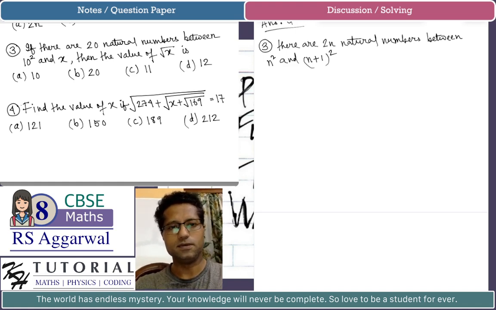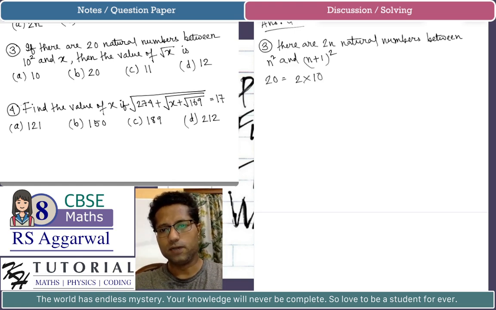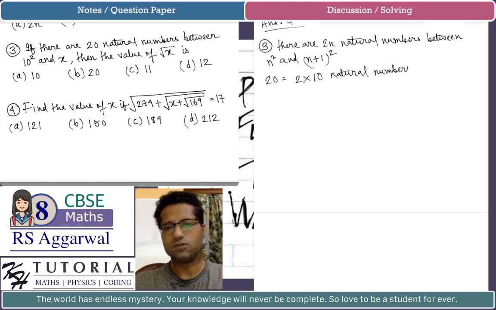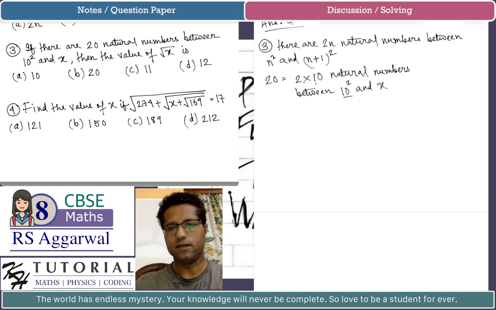So you can see that 20 is equal to 2 multiplied by 10, and it is given 2 into 10 natural numbers between 10 square and x. So you can see we have 10 here and we have 10 here.